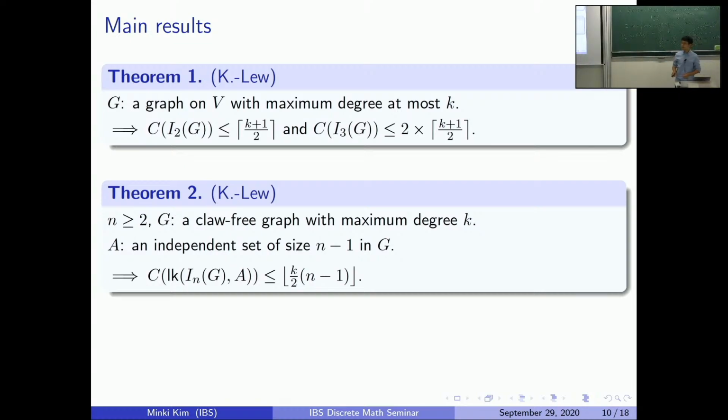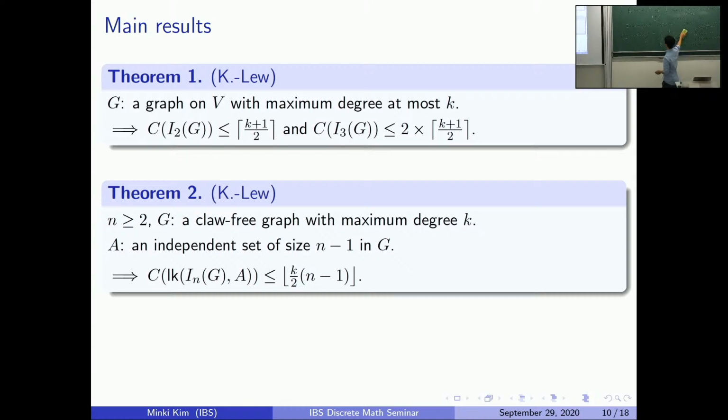Can I ask you something about this theorem too? I probably missed the definition. The link of A in I_n(G) is the complex consisting of all graphs whose alpha is less than n. You're looking at the subgraphs containing a particular independent set A, right?